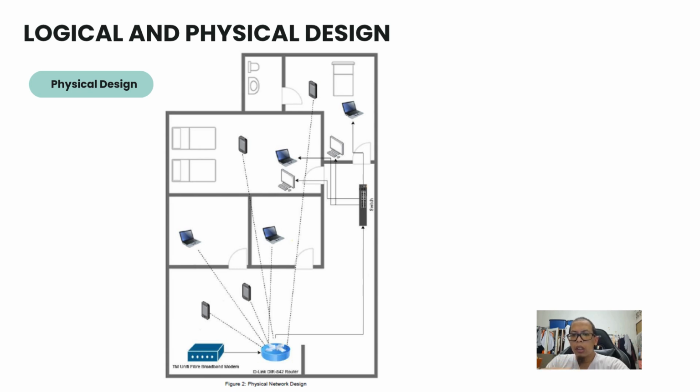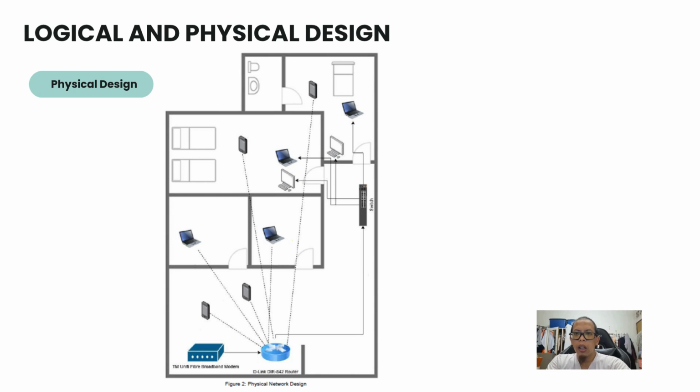Then from the router, it connects any wireless-capable devices that exist on level 1, the first floor, or the second floor. In this diagram, there are two smartphones on the first floor, so they are already connected. Then from the router, there is a Cat5 cable.